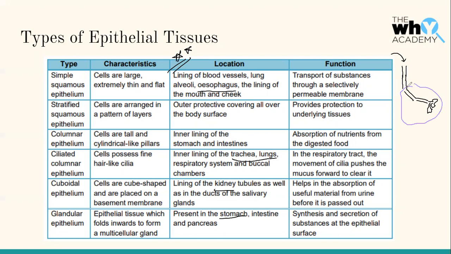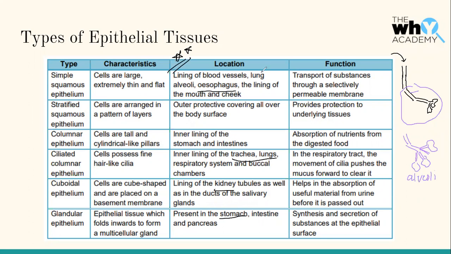So what happens is this branches into these kind of shaped structures. These are called bronchi, right? And then they subdivide into smaller tiny branches, like you see on a tree, called bronchioles. And then they finally end into these balloon-like structures, which are called alveoli.